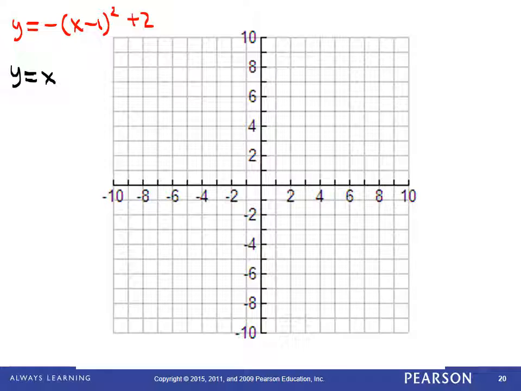I am going to graph x squared as my parent function. That's what I'm going to start with from my library of functions. So x squared: 0, 0; 1, 1; 2, 4; 3, 9. Then it's symmetric along the other side. Do we need to do all those points? No, you don't. But for x squared you probably need at least 3 points, maybe 5.